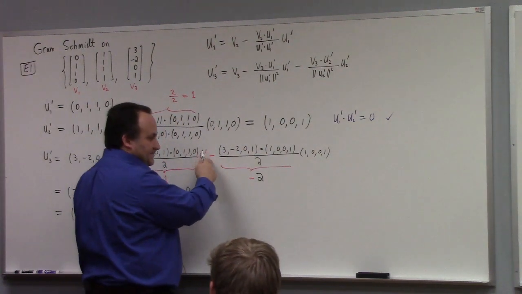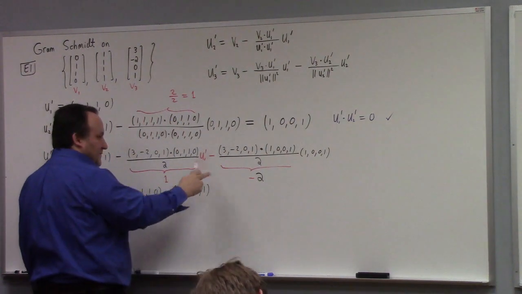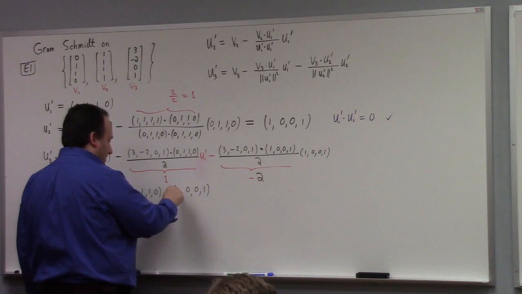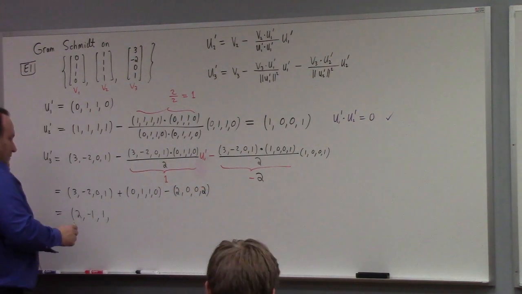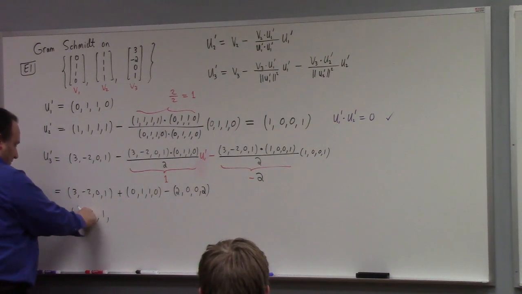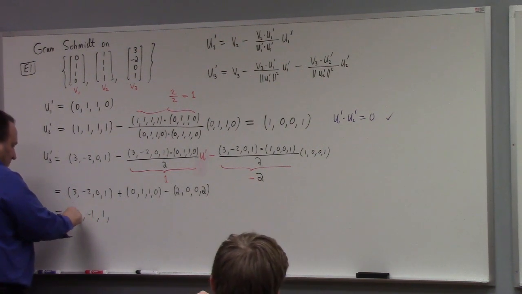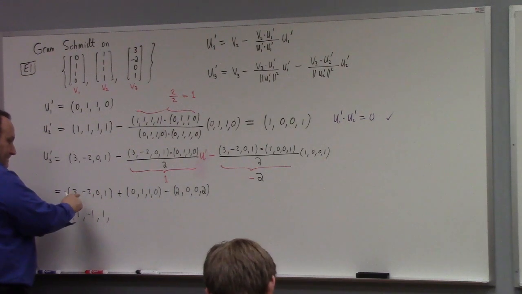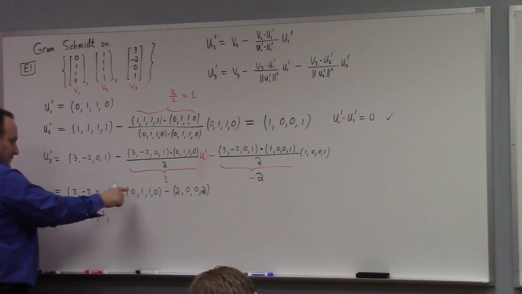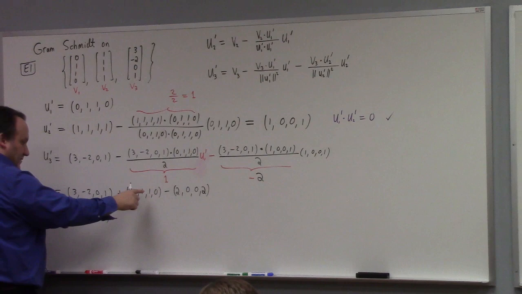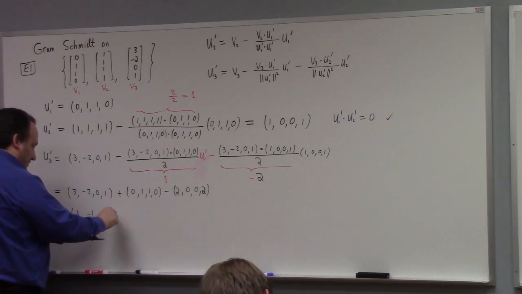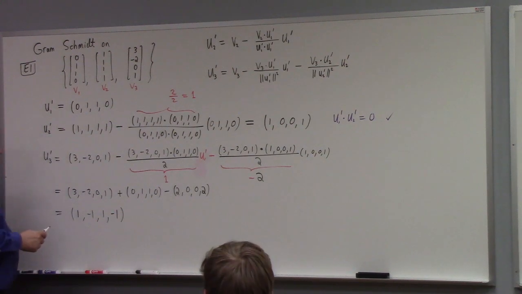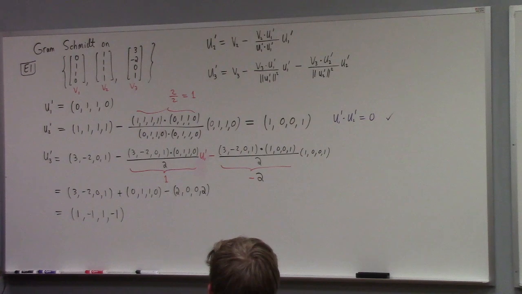Because this minus here, which makes this a 2 and a 2, which gives us 1, minus 1, and then, let's see here, 1, and then 1 minus 2 is minus 1. Good, yeah, that's what I got yesterday.